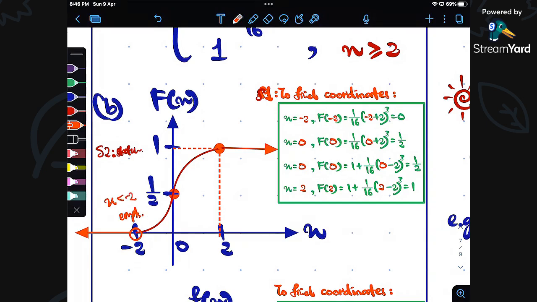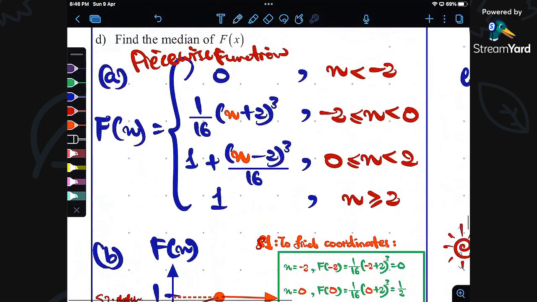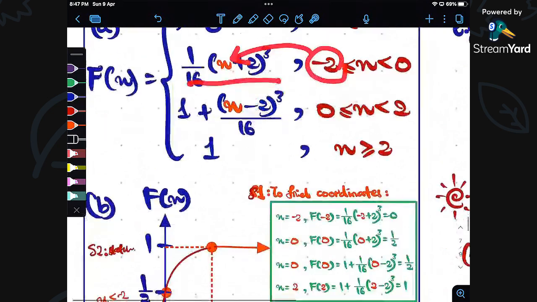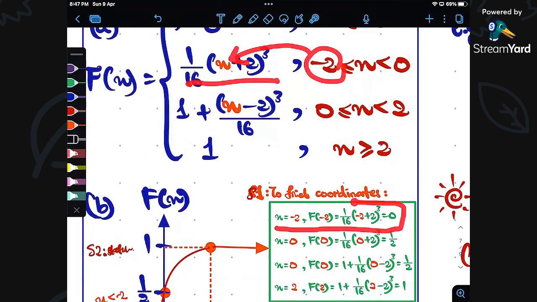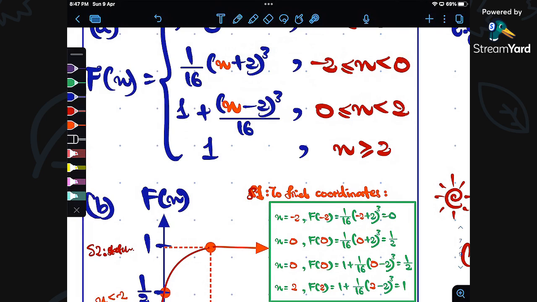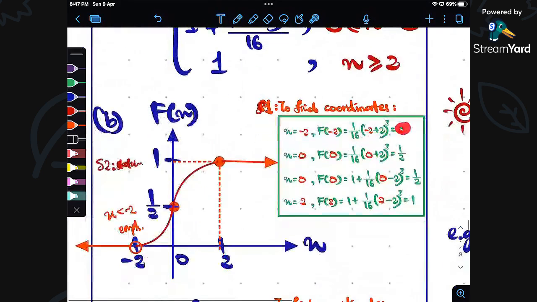But when we insert this value into this function, for this part here, you can see I insert -2 into the function, I will get the same value, which is 0. And so 0 is there. This is f(-2), which is 0. It's at the same place. Therefore, I make it a dense circle instead.